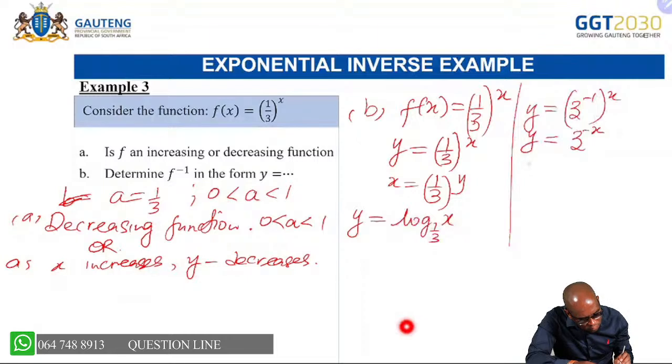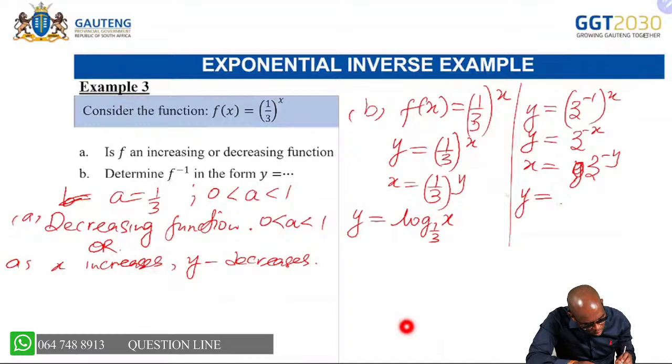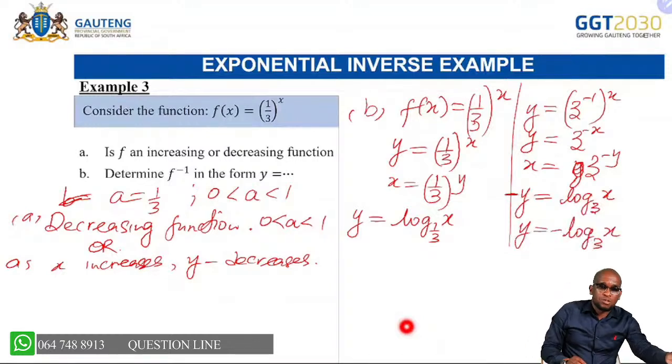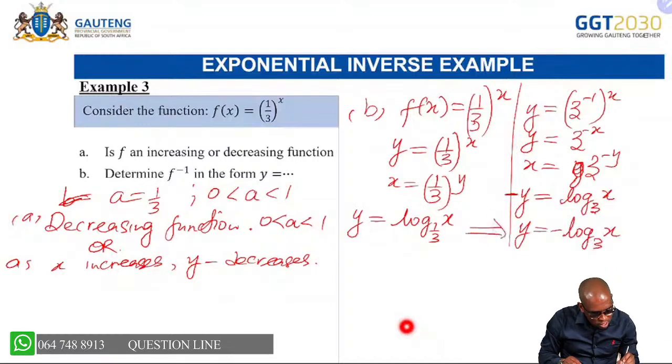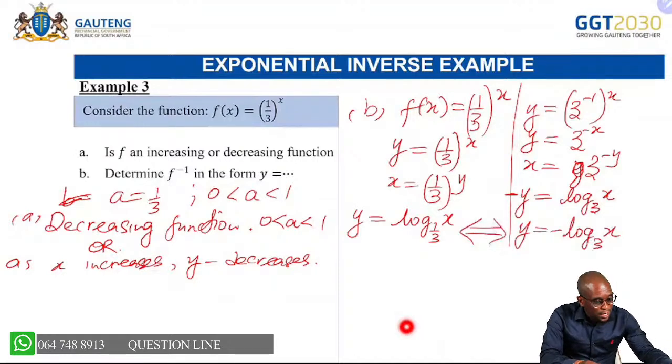If you interchange x and y, x equals 3 to the minus y, and then converting this to log form, minus y equals the log to the base 3 of x, and then if you divide by minus 1, you get y equals minus the log to the base 3 of x. So it can be written this way or that way. Right, moving on.